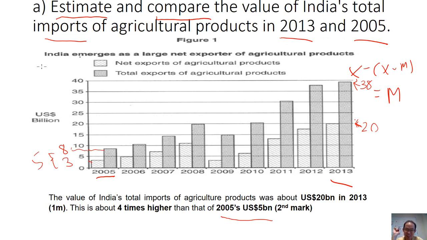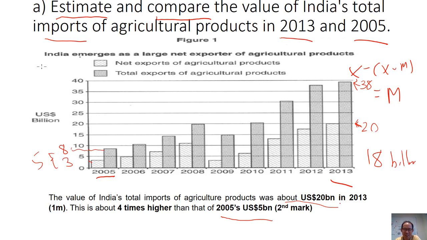So if you ask me, 38 minus 20 will be about how much? It will be about 18, 18 billion. So the answer that we provide for you says about 20, but it's fine to also say 18.